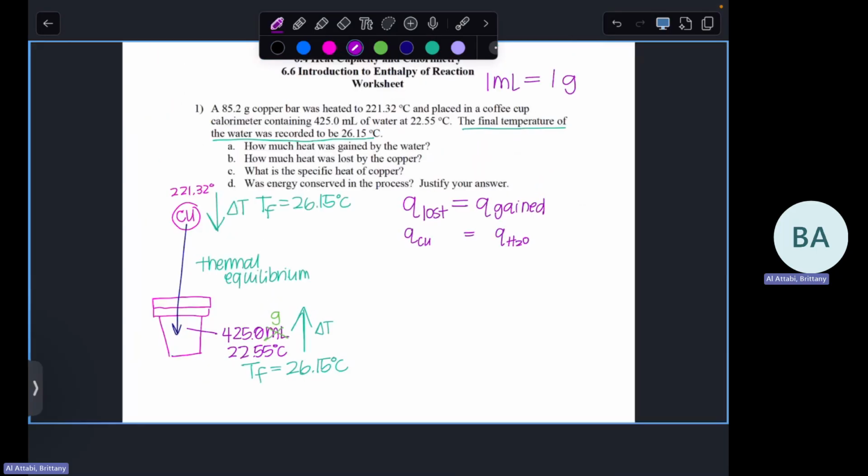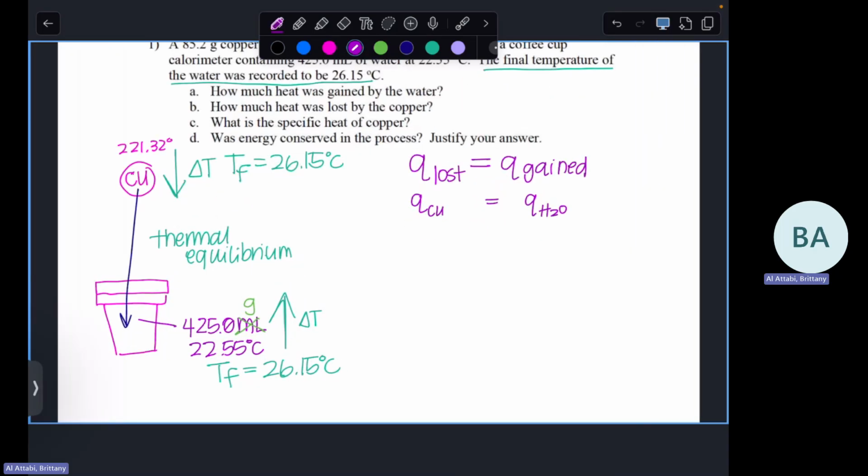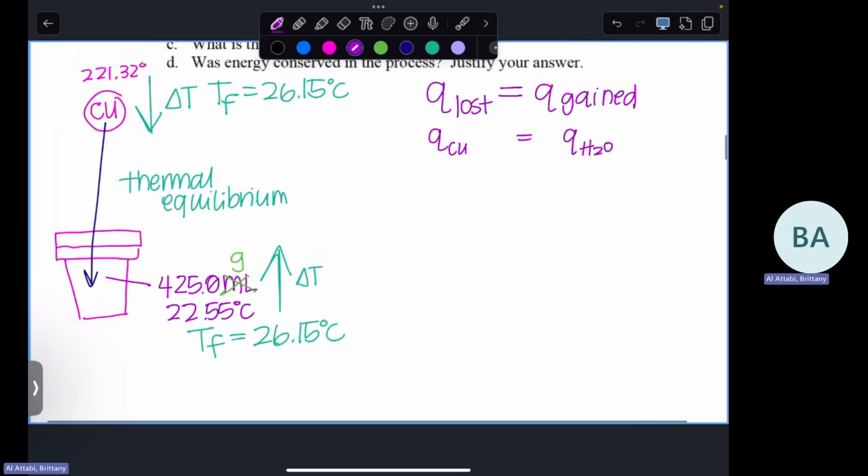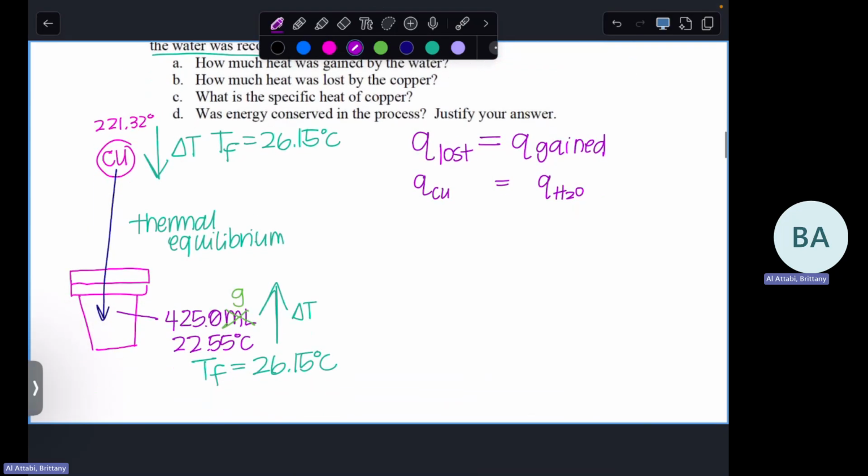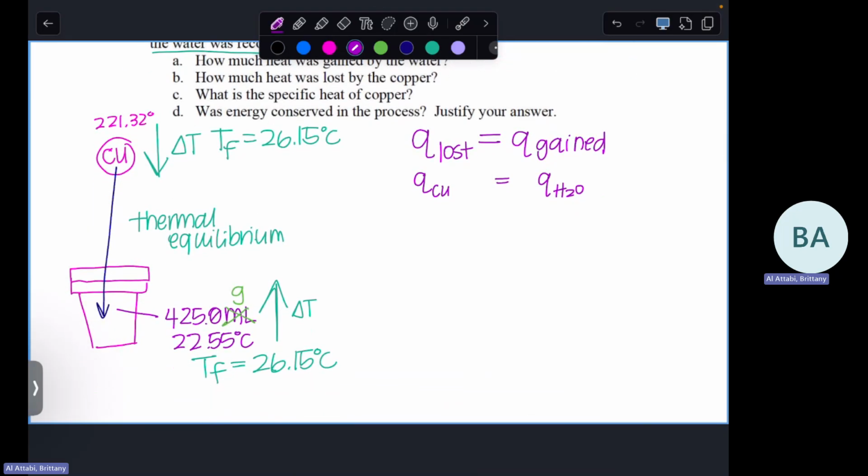So I know all of the pieces that I need to know at this point, because I can calculate Q for my water. These steps, A, B, C, D, are guiding us through the question. How much heat was gained by the water? Well, I can calculate that because I have my mass, and I have my final and initial temperatures, so I can get my delta T. And what do we know about water's specific heat? We've used it a lot.